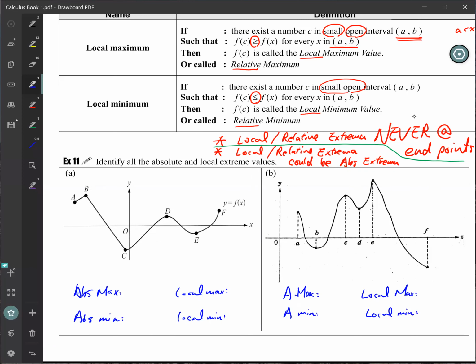So for these questions here, these two examples, you don't need to write f of something. You could just list out the letter.